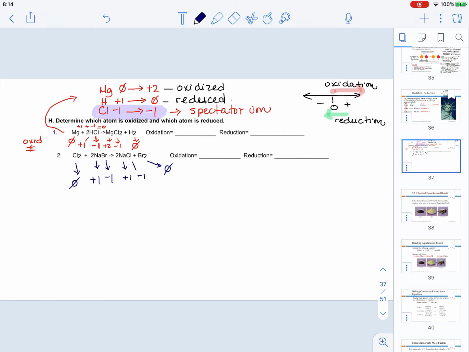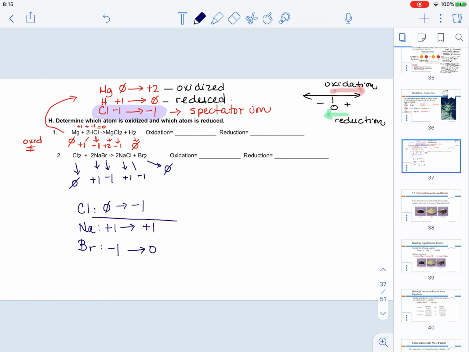So when I write Cl, Na, and Br, Cl went from 0 to -1. Sodium went from +1 to +1. Bromine went from -1 to 0.